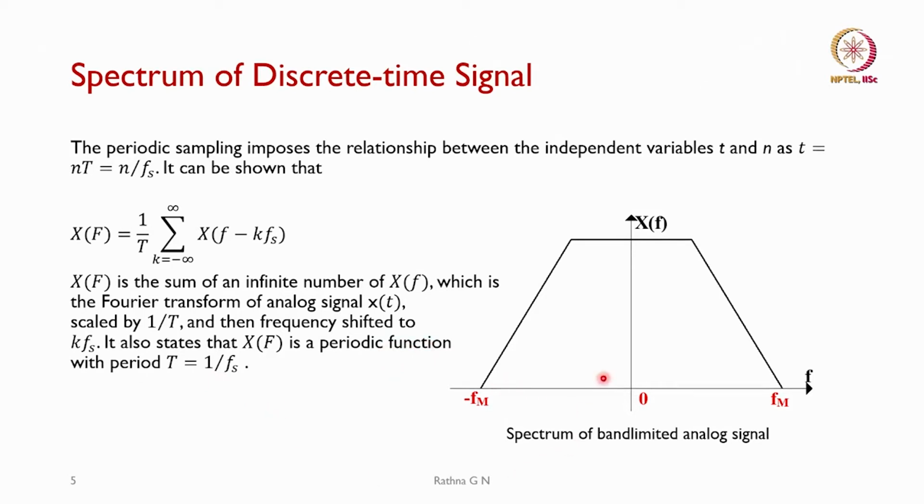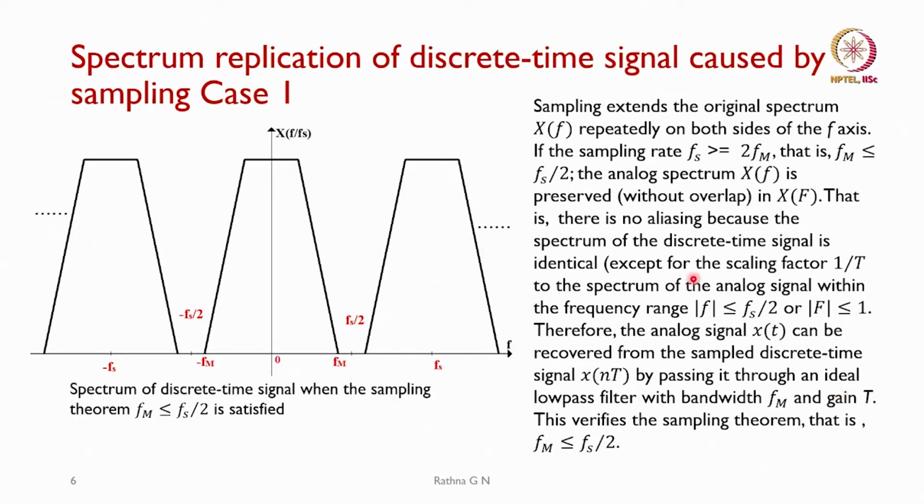We will be seeing the spectrum here. This is our X(f) that we are considering, and this is the maximum frequency in our input signal. It varies between minus fm and fm, and f is the x axis. Why do we have replication in a discrete time signal?